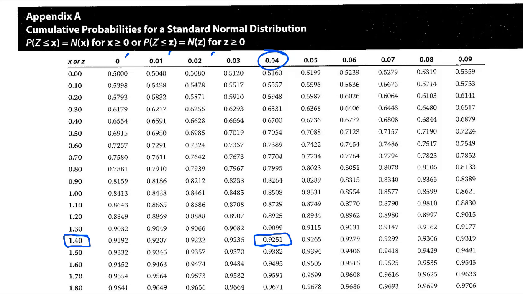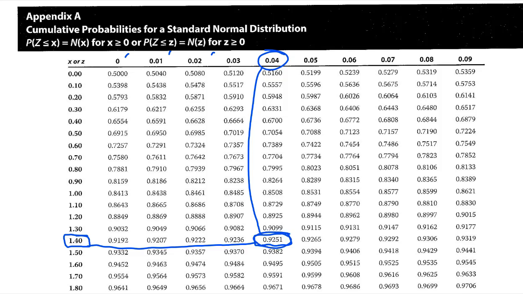So if you triangulate, this tells you what the area under the curve is up to 1.44 standard deviations away from the mean. And the way this table accumulates area is it starts from the leftmost part, and it tells you what the cumulative area is up to the critical point. So you can see it's 0.9251.